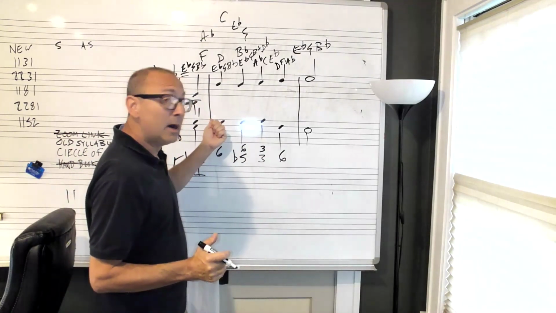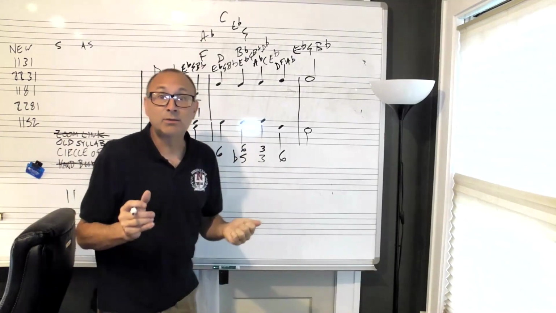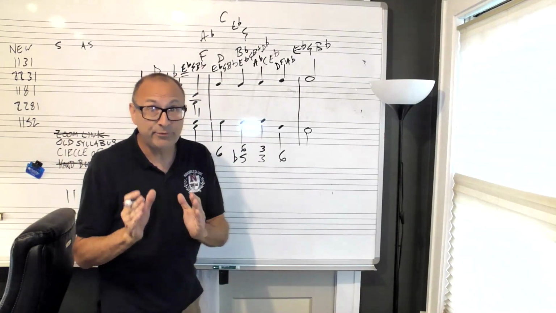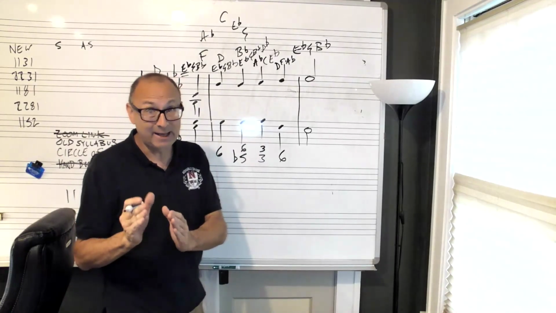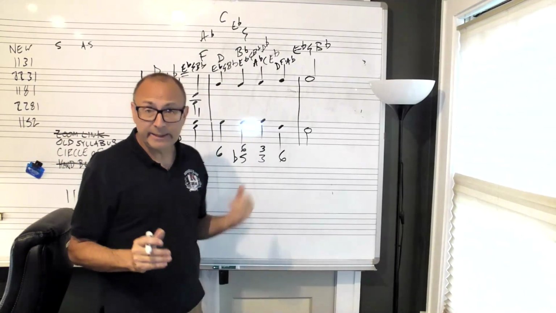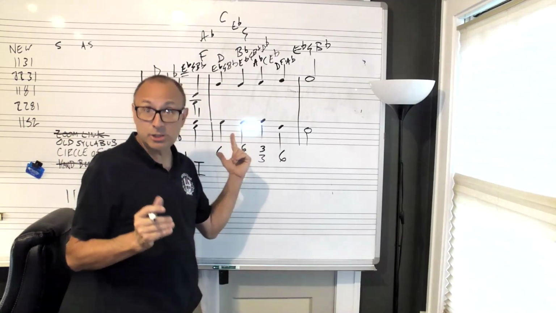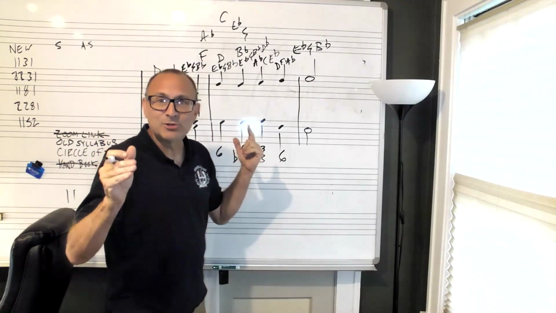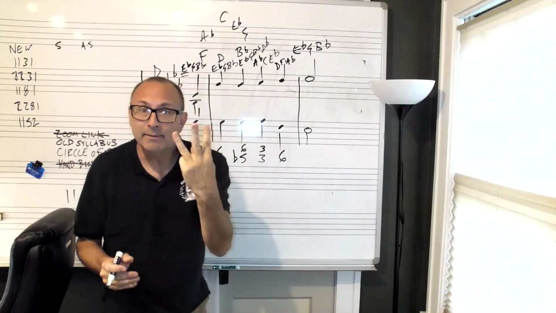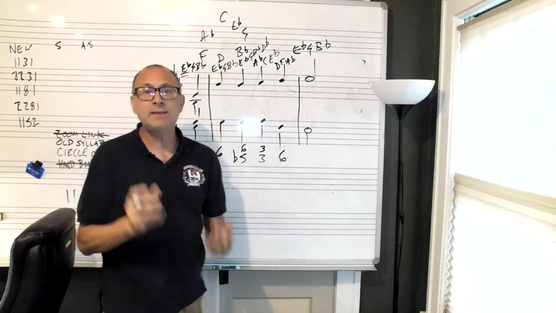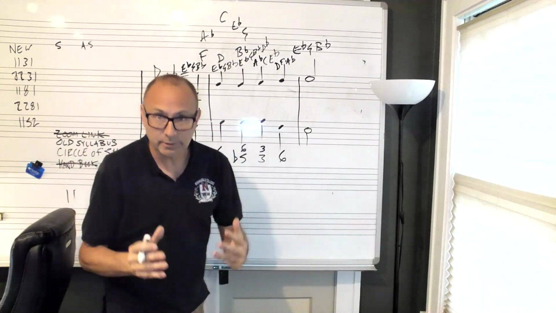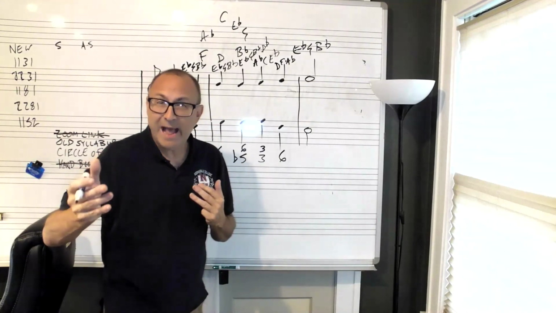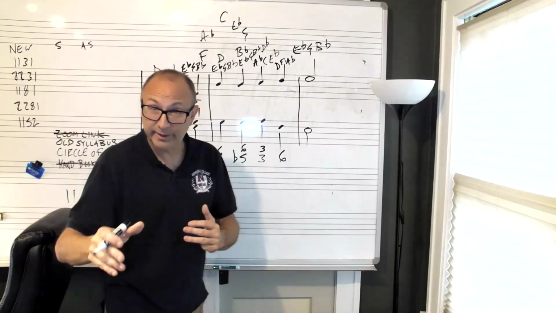Now, a lot of theory students in theory 2 make this mistake. They look at the bass note and try to figure that note diatonically. In E flat, if we think about the note G, I feel like I'm yelling, if we think about G, we would call that 3. That seems logical. And I see that all the time initially when we're just learning how to analyze Roman numerals in a key.